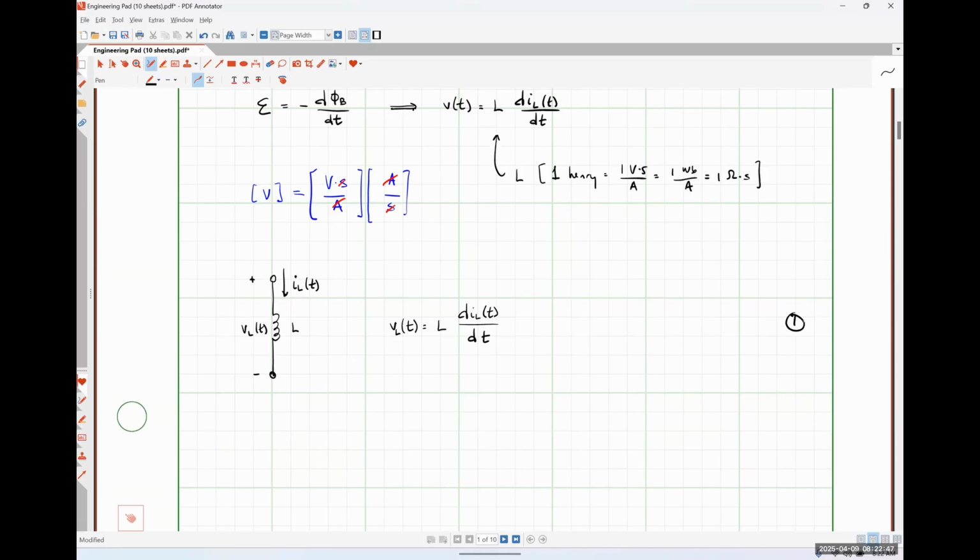So we can say, just looking at this particular relationship, that in a DC circuit, the voltage drop across an inductor must be 0 volts.